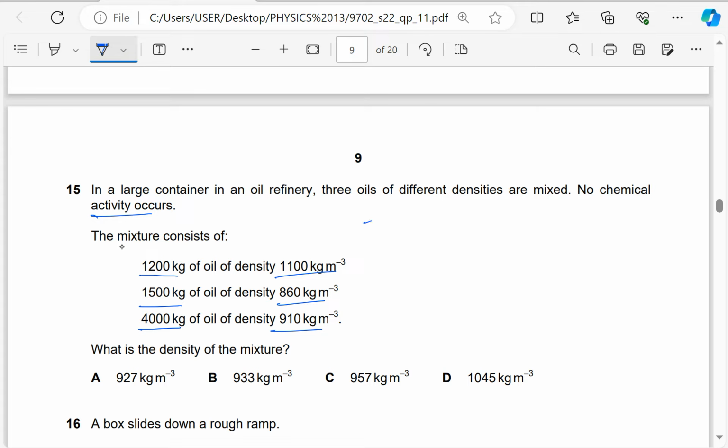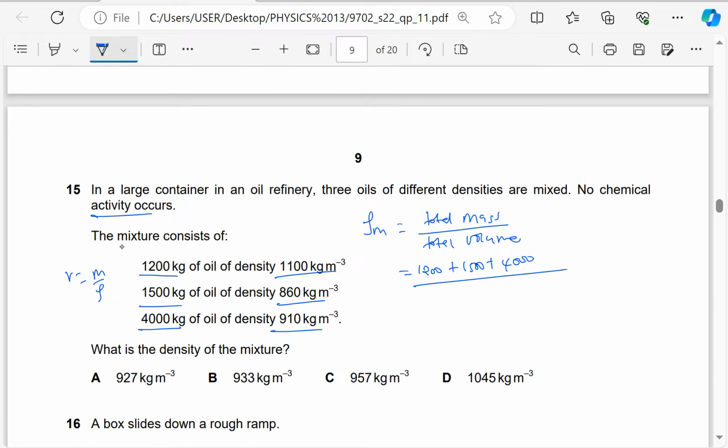Okay, so we know that the density of a mixture is equal to the total mass divided by the total volume. So total mass, I'll sum up 1,200 plus 1,500 plus 4,000, over total volume. Remember, density is mass over volume, so volume is mass over density.